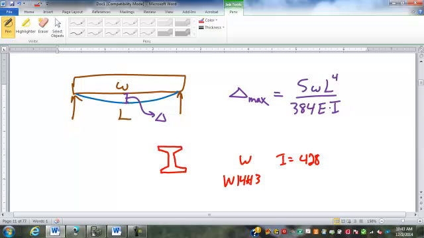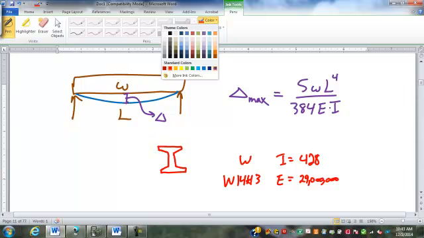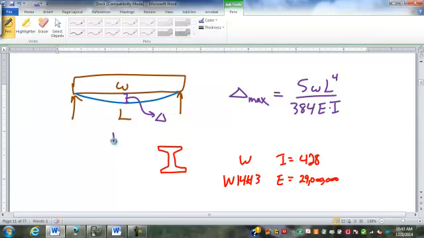There's one on page 273, but the more useful one is on page 278. For metals, A36 structural steel modulus of elasticity is 29 million. So let's say that this beam is 16 feet long and omega is 400 PLF.